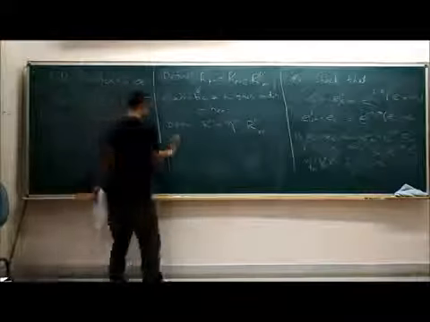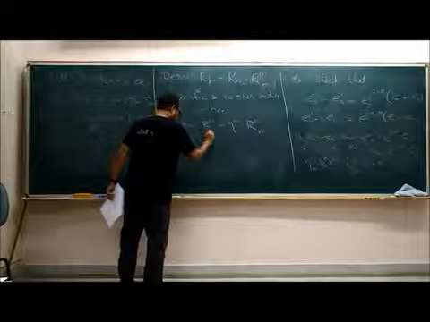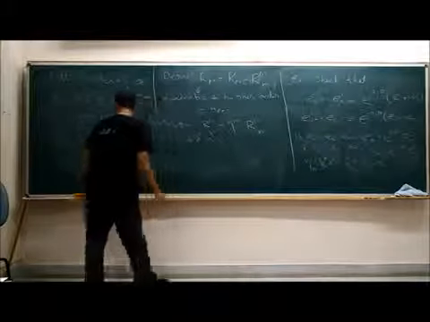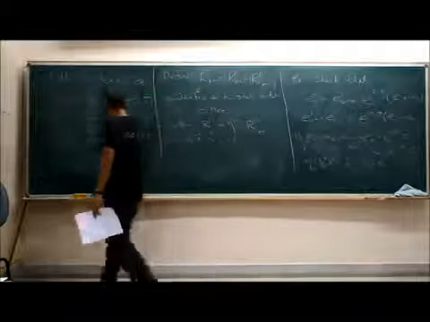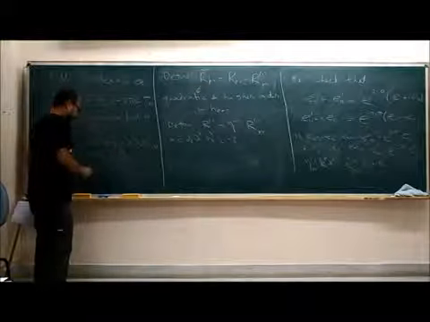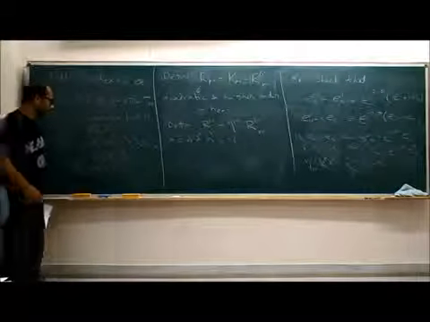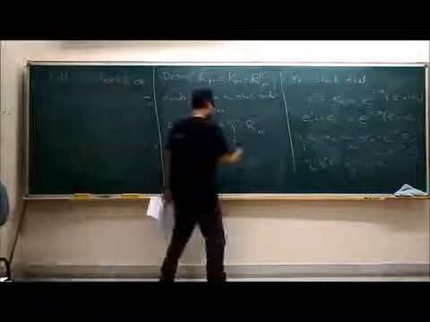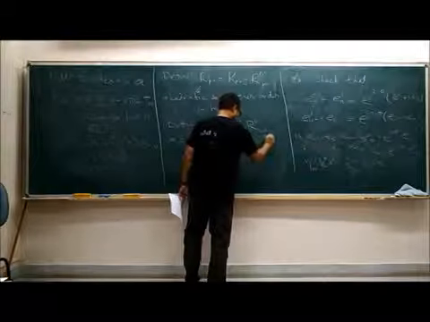So this is 2 del rho of H lambda lambda minus 2, again these two terms will be the same once you contract mu with mu. So that's basically del rho del sigma H rho sigma.